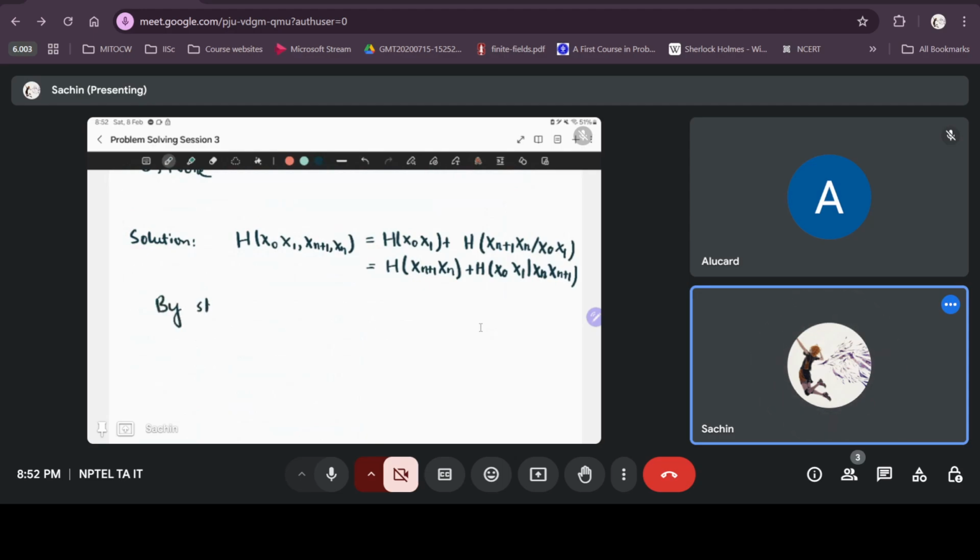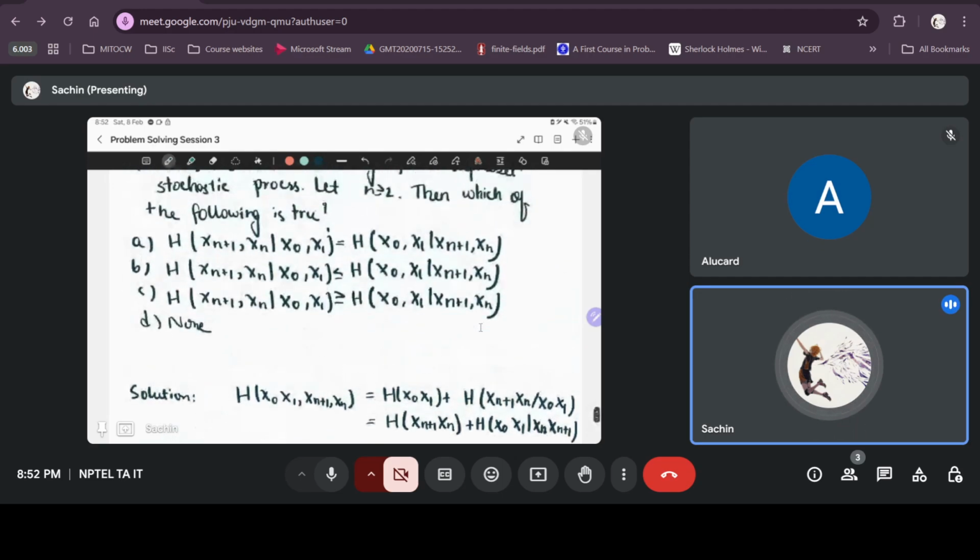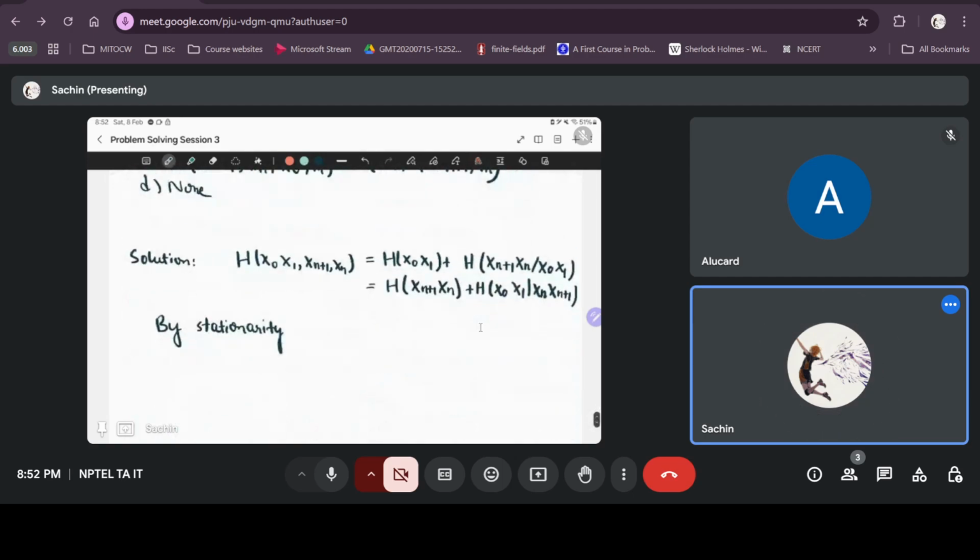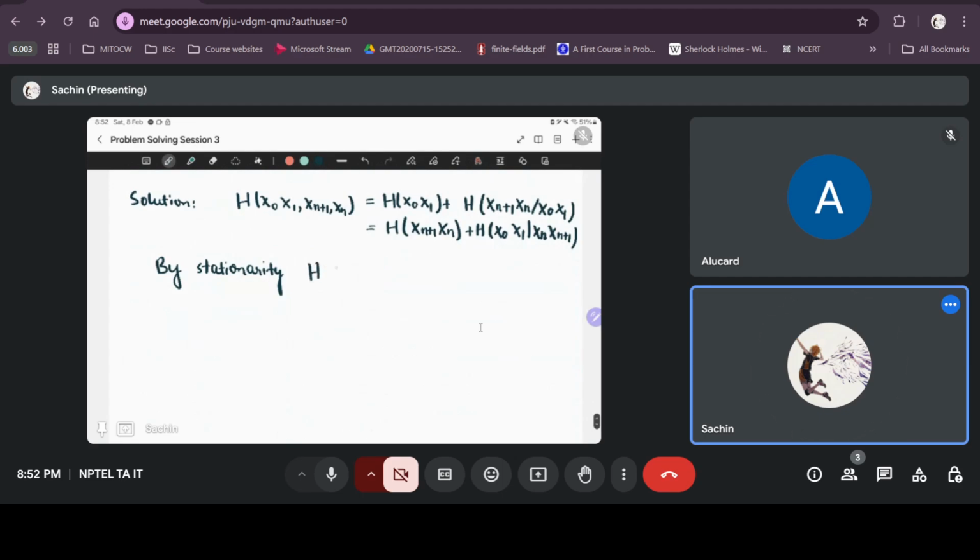So by the stationarity of the stochastic process, H of x0 x1 is equal to H of xn plus 1 xn, which implies H of x0 x1 given xn plus 1 xn is equal to H of xn plus 1 xn given x0 x1, which is option A.